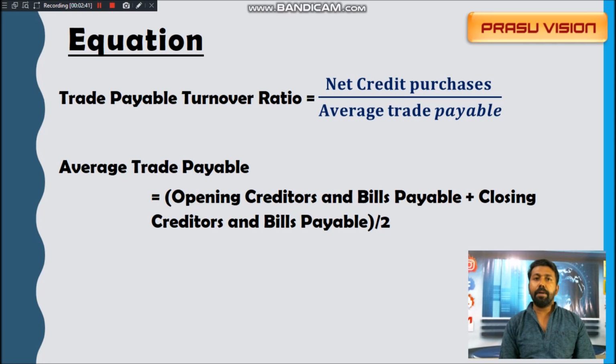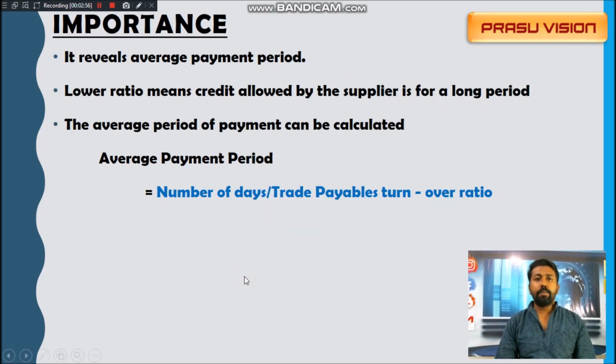Then we have to find out the average trade payable period also. It can be calculated like in the case of trade receivable turnover ratio: the number of days divided by the trade payable turnover ratio. We have to keep in mind some important points. Like I said, trade payable turnover ratio is calculated to analyze the average payment period.